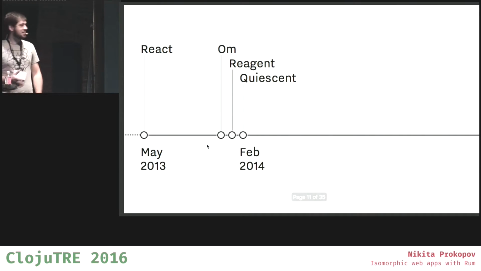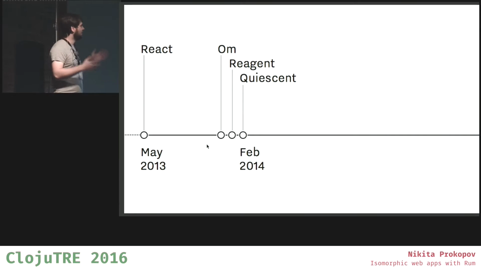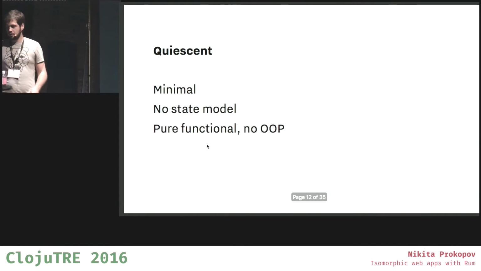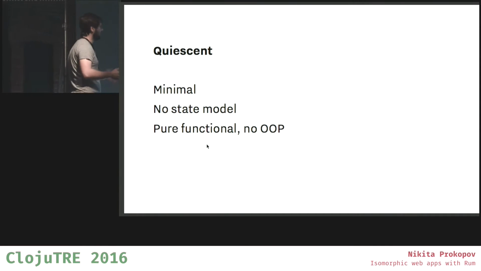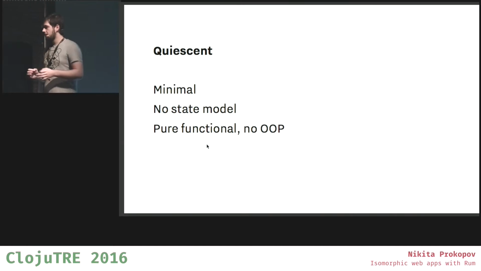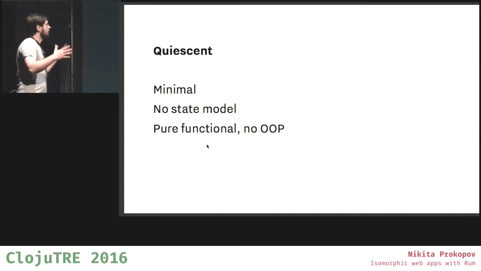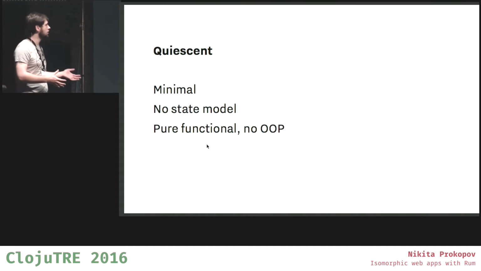And again, just a month later, so super interesting times, the third framework was released by Luke Vanderhart, called Quicksand. So this was slightly different. Well, again, it was very different. Okay, all three are really different. Om and Reagent were really big frameworks, well, kind of big. They had a certain opinion how you should manage your state.